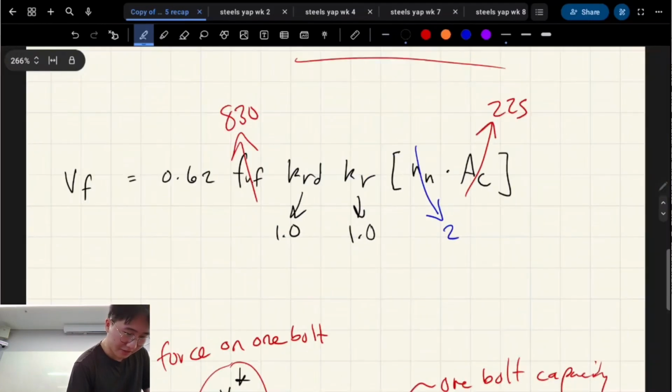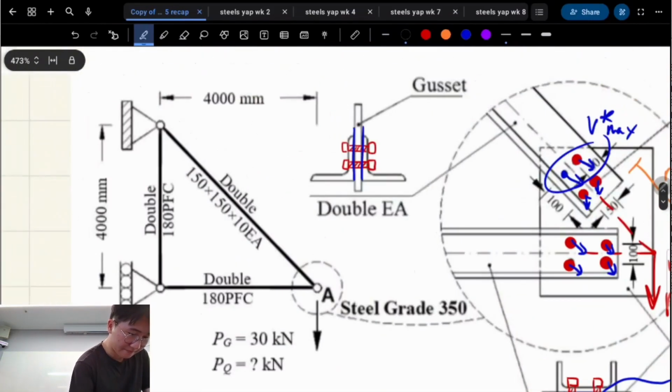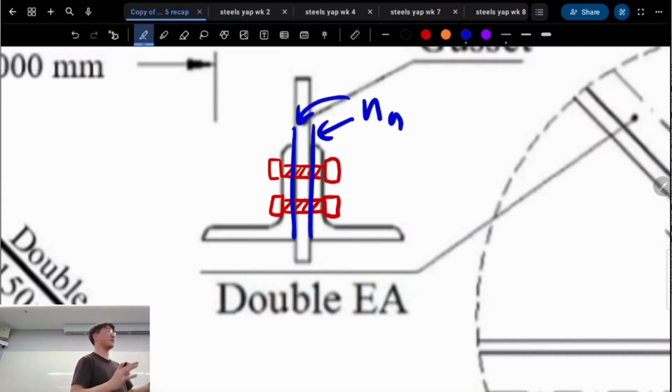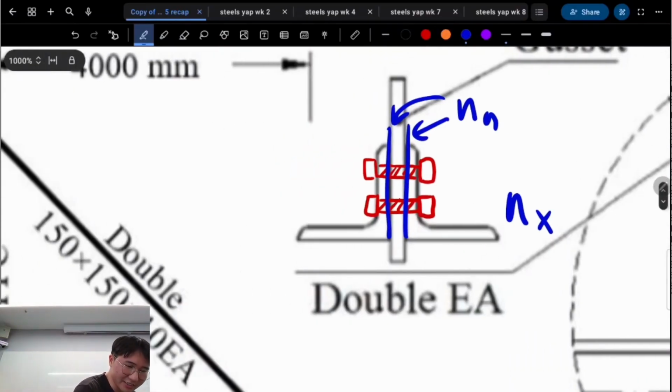Let me just go up to here, right? NN is the number of shear planes we have going on here, right? Specifically, it's the number of shear planes that intercept threads. It's NX if it doesn't intercept threads.